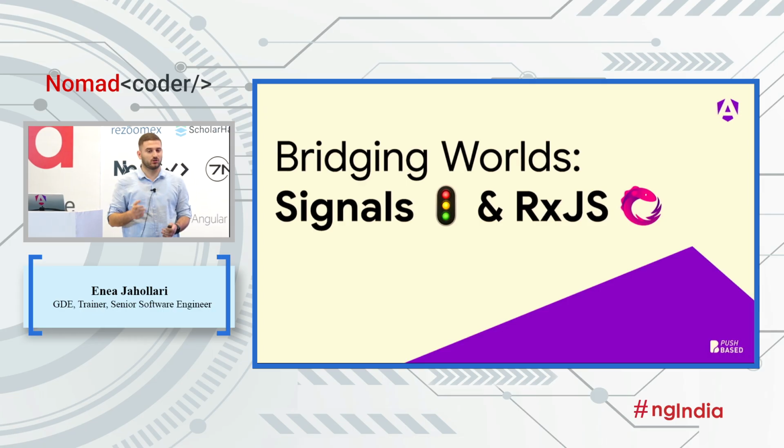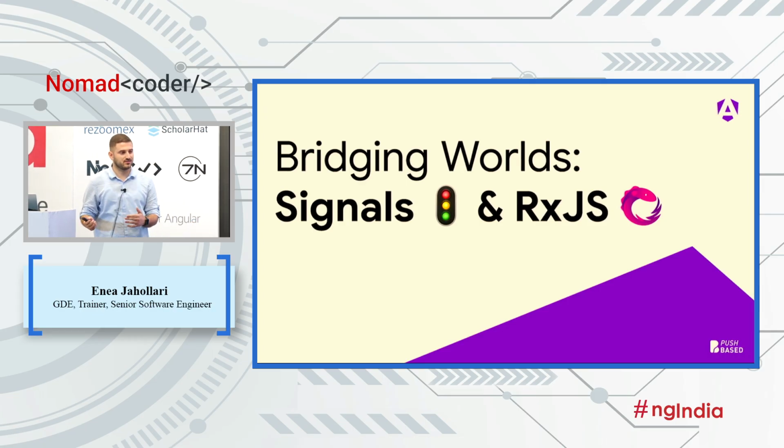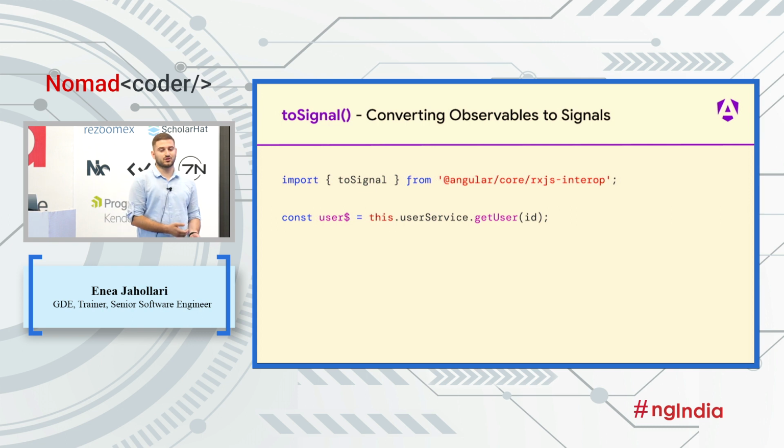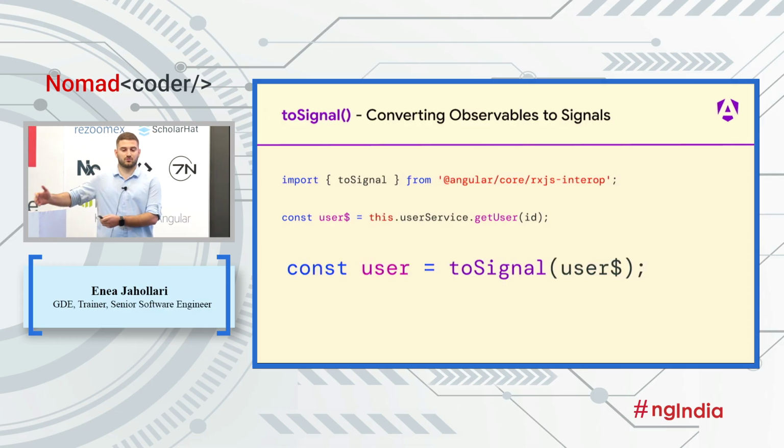First, bridging worlds. We have signals, we have RxJS. I love both. I want to use them both all the time. So let's see how we can do that, of course. We have toSignal. We can convert observables to signals by saying user equals toSignal, and of course, user$.